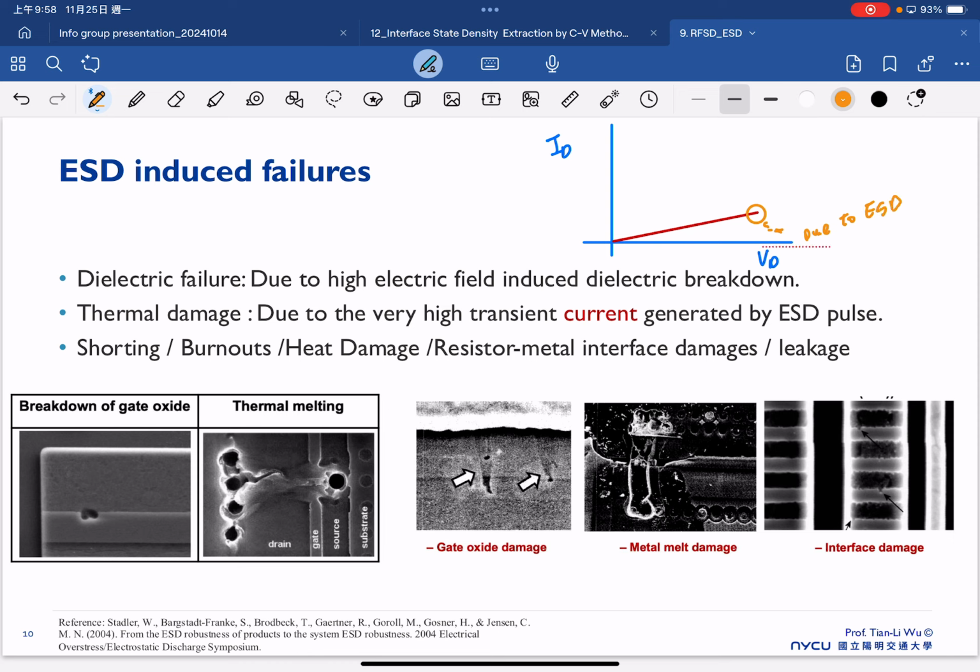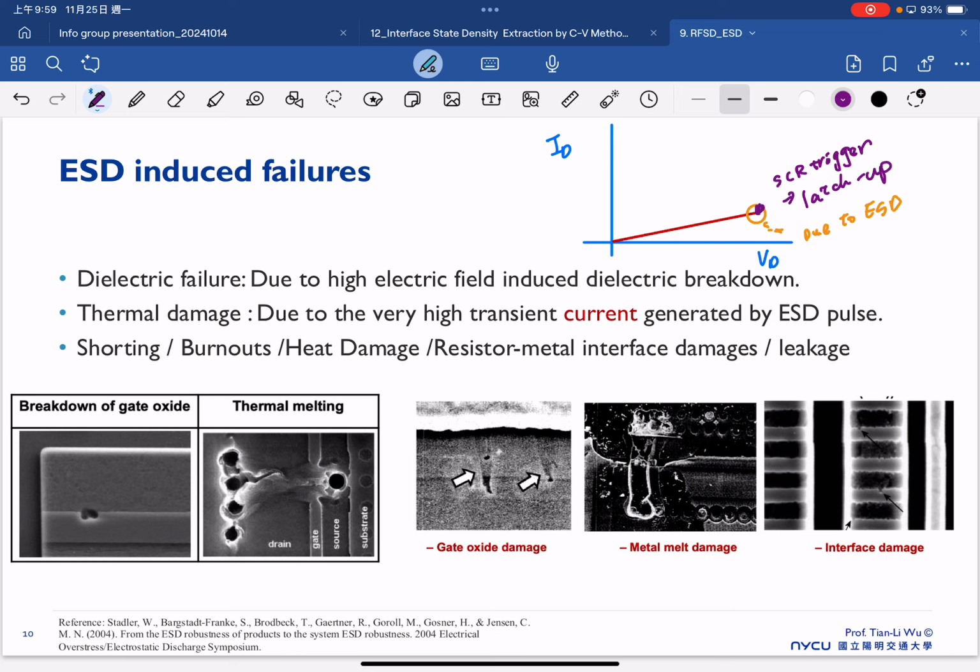And this ESD event will trigger the SCR, which we have previously briefly talked about. At this moment, the SCR can trigger, and this will make our CMOS reach into the latch up.